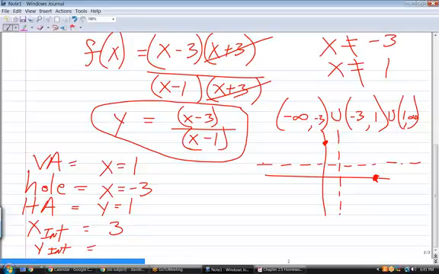Now that gives me a real good idea that I'm in this quadrant here and this quadrant here for my hyperbola. If I had any question about it, I would plug in a number greater than 1 and see where I ended up, because this vertical asymptote is at x equal 1.